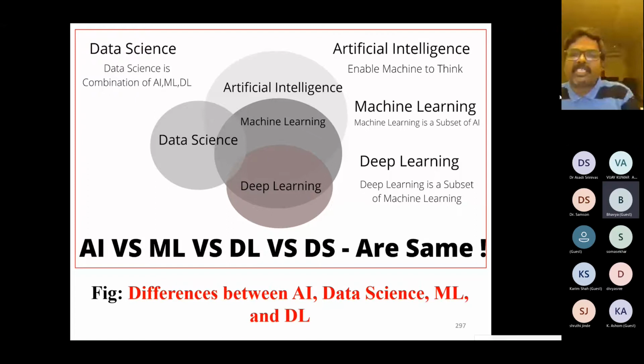Machine learning is a subset of AI, and deep learning is a subset of machine learning. All these subjects are interlinked together. So this is about AI, ML, DL and DS.